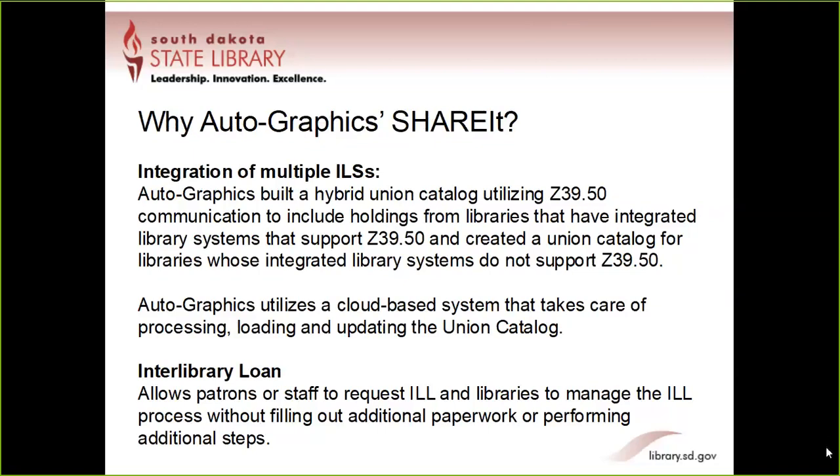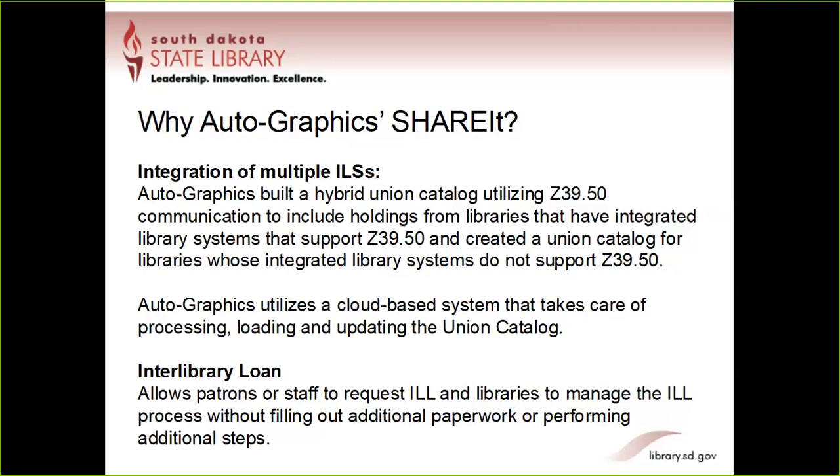Okay, I'll keep going. One of the major selling points for us with Autographics was that they built for us what they term a hybrid union catalog. And I know that Albert and Alexandra from Autographics spoke a little bit about this yesterday, but we have 2 different types of libraries included in our system.